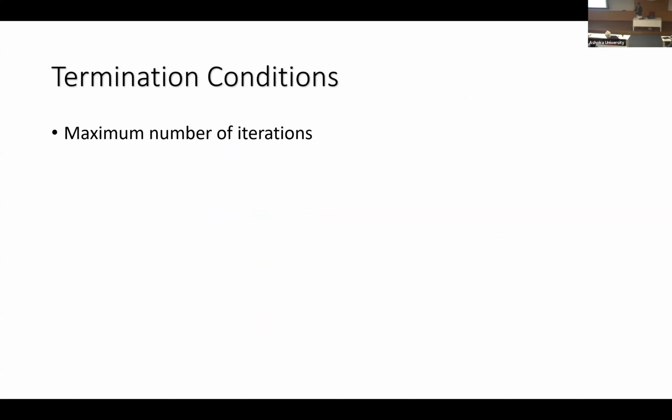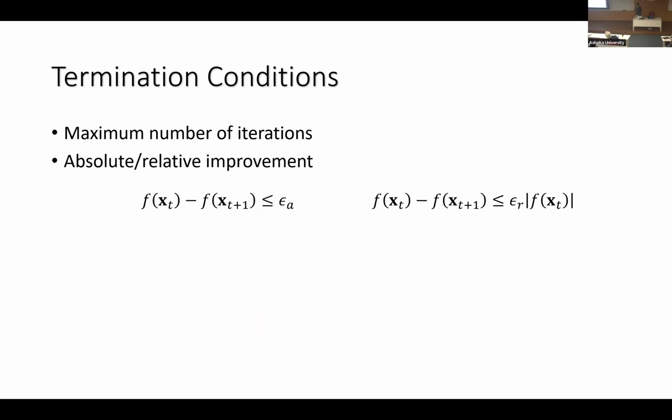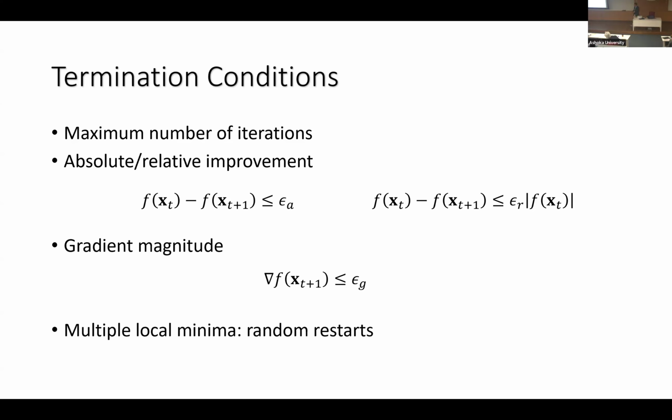Whatever is the value, that's the value. Another is relative improvement. These are more complicated ones. Gradient magnitude. Oh, I should have put a norm here. So norm of the gradient less than something, because you are anyway calculating the gradient. Just take the norm and make sure that it becomes small. That's another one.